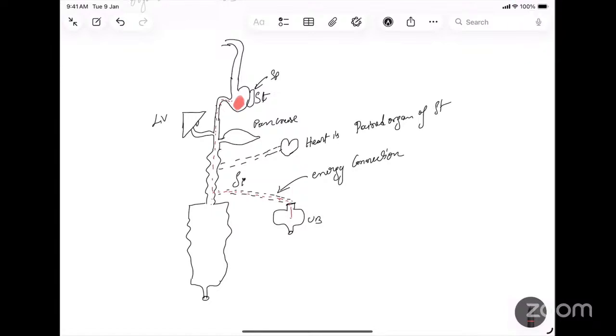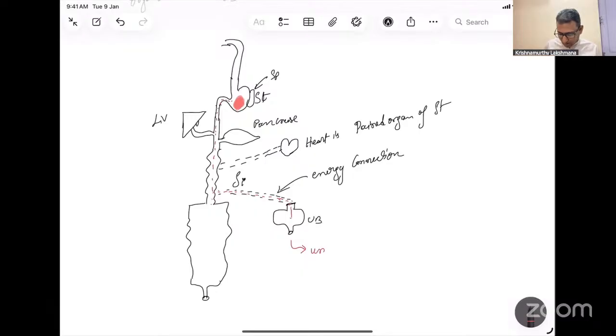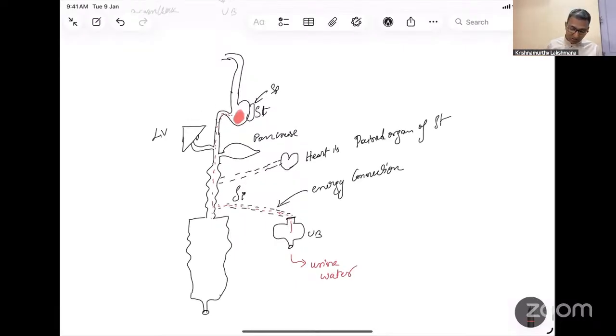My question I am writing: if there is the food that you eat, what is coming out of UB? Urine. It is water. Now, where did the water first get into the body?